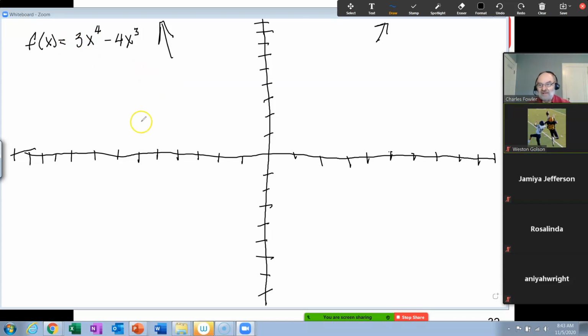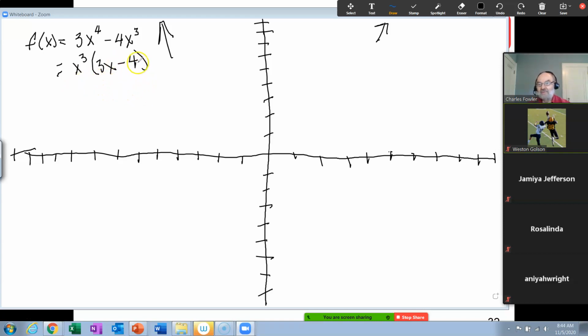All right, that's done. Next thing we do is basically factor. And the greatest common factor here is x cubed. And when you pull out an x cubed, you're left with a 3x from the first term minus a 4 from the second term.